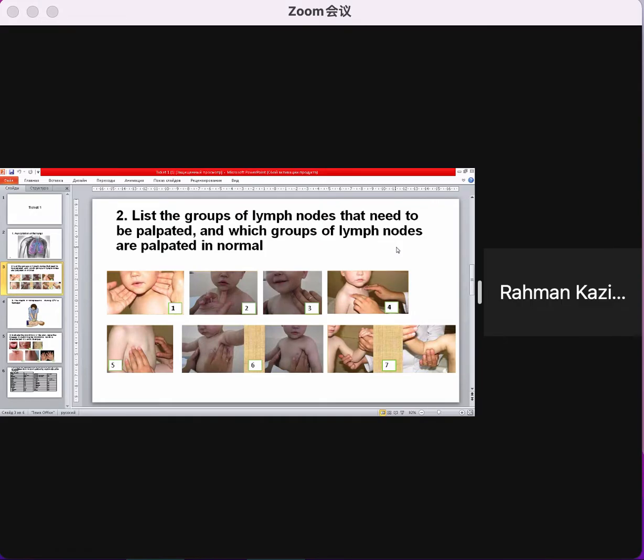Not in this picture. In this picture we can see the lymph nodes that can be palpated in normal, and I ask you about other lymph nodes that are not palpated in normal.